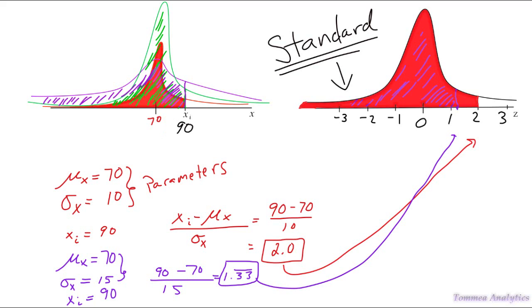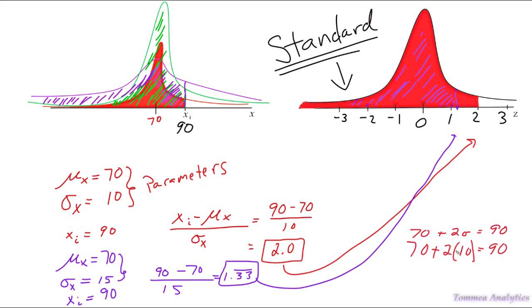And if we do the math on that, we take 70 and we add 2 standard deviations, which is equal to 90. And just going further, it's 70 plus 2 times 10 equal to 90, because the standard deviation is 10 here.